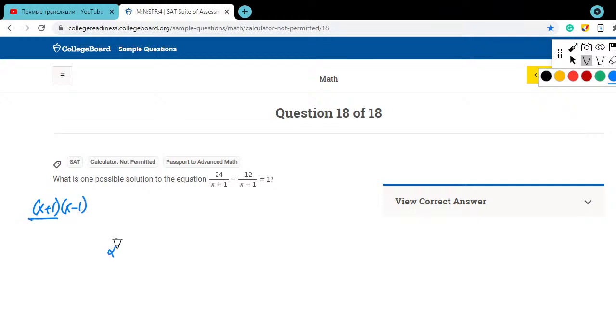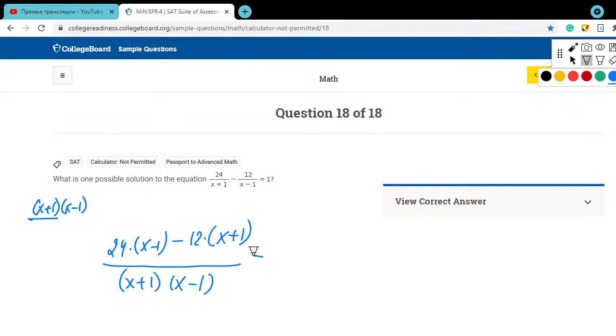So multiply 24 multiplied by x minus 1, minus 12 multiplied by x plus 1, divided by x plus 1 times x minus 1. This one gives us actually x squared minus 1. So this is 1 here.